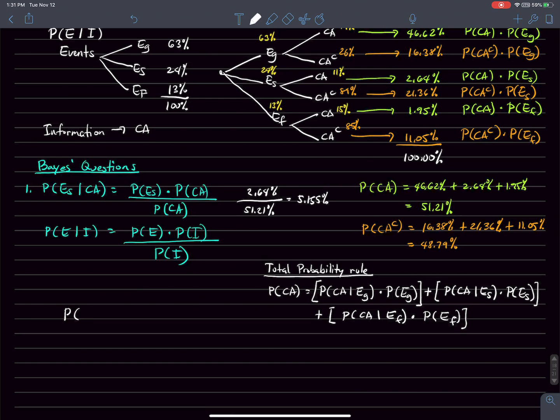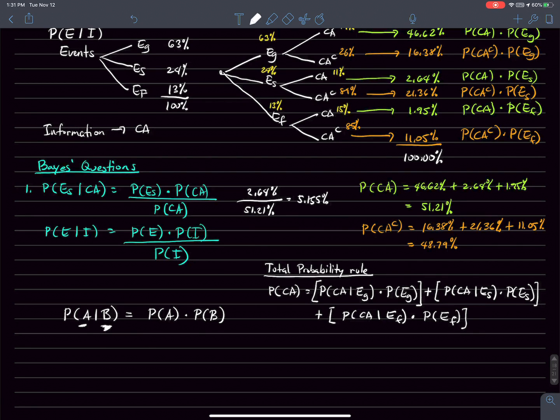Probability of A given B is equal to both events having to occur. You know that probability of A given B already occurred.